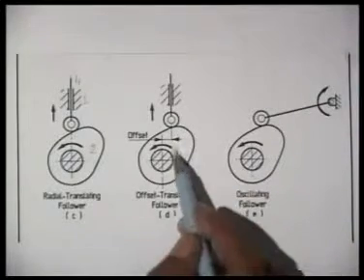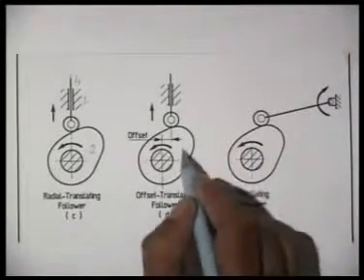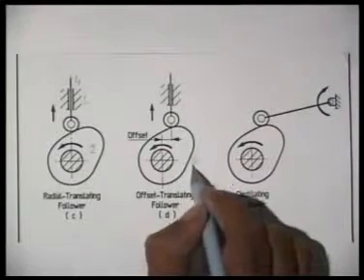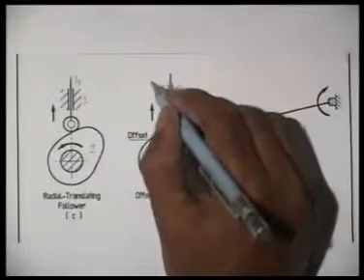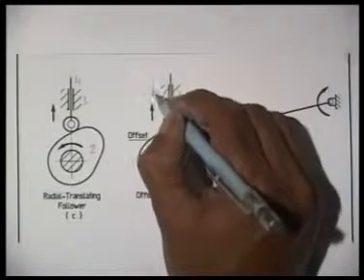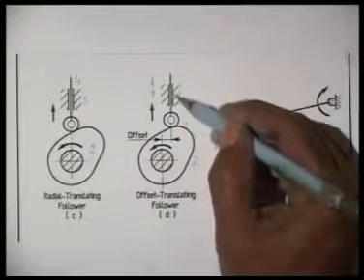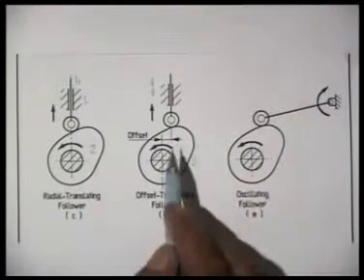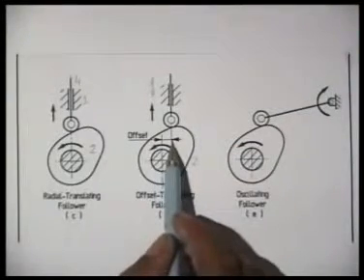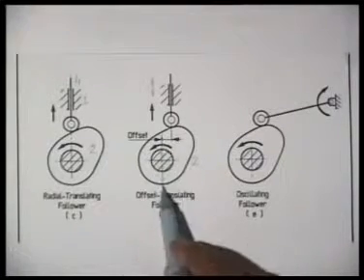Similarly here, again the cam rotates, it is the disc cam, the follower translates, but the axis of this prismatic pair passes not through the cam center but has an offset, a little away from this vertical line.